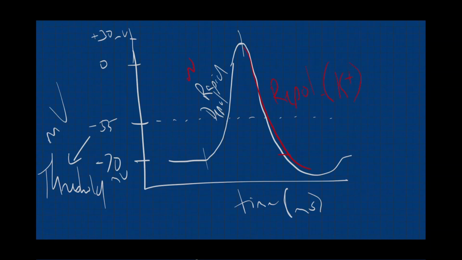So I'll put sodium on that side. We have potassium on the other side. So we're going to bring it all the way back down. We do have a little bit of a hyperpolarization in there. But it's going to come back up to resting membrane potential. That's all the action potential is.